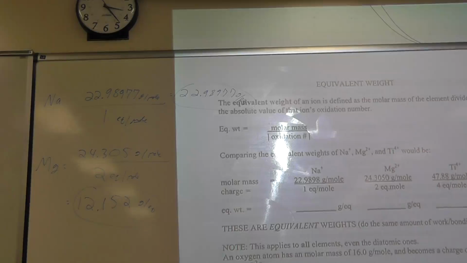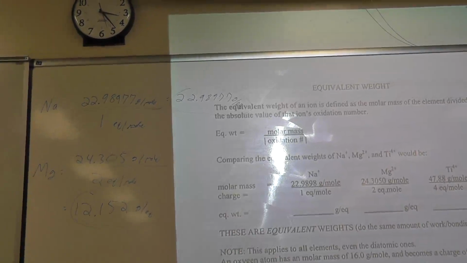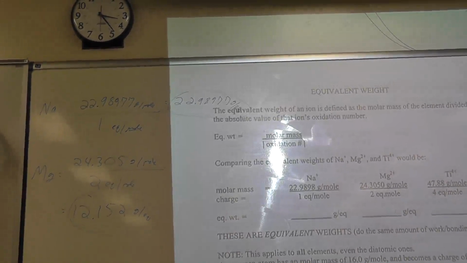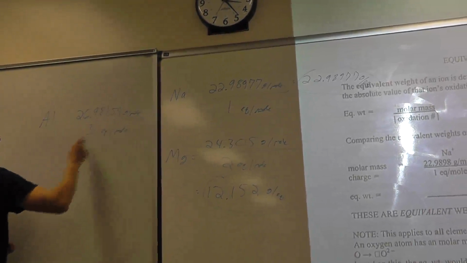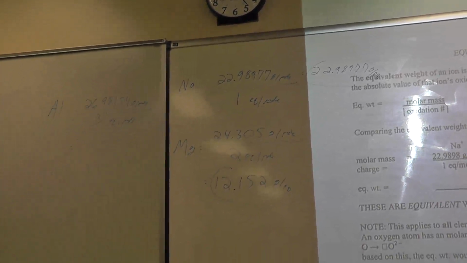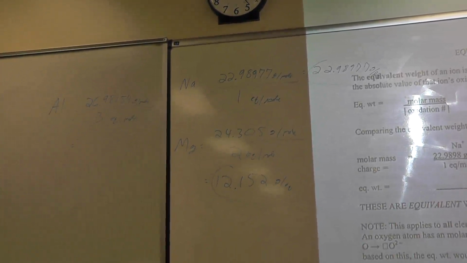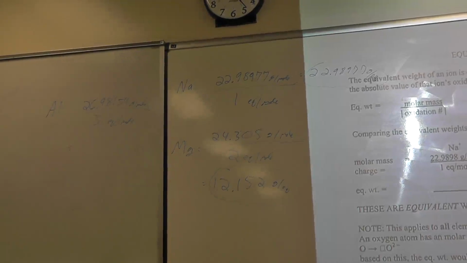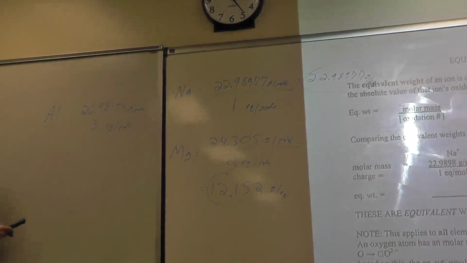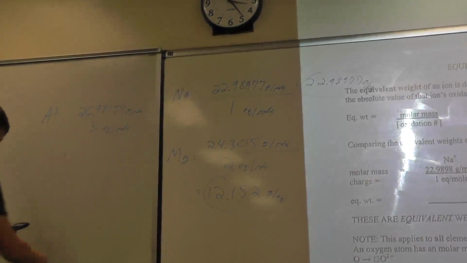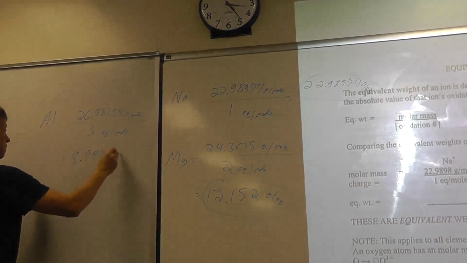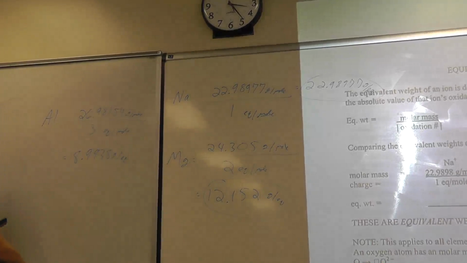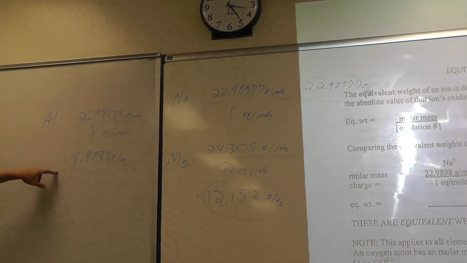Aluminum, 8.9938 grams per equivalent. This is the equivalent weight for aluminum.